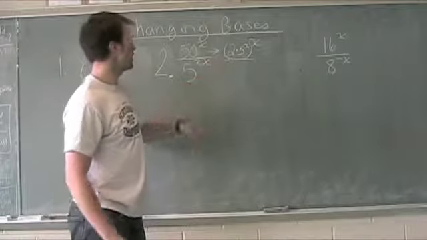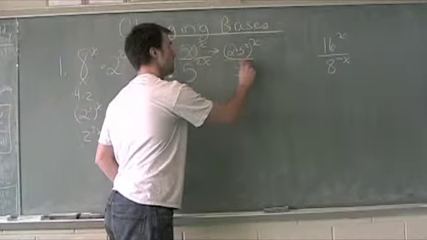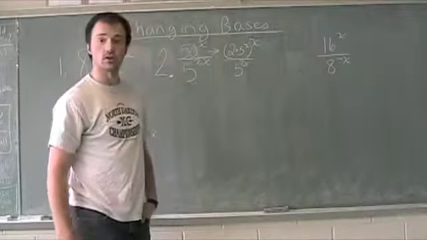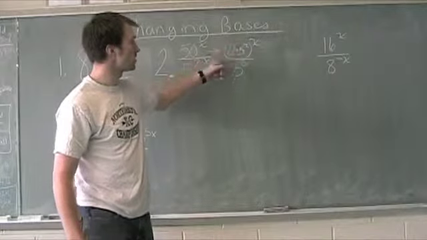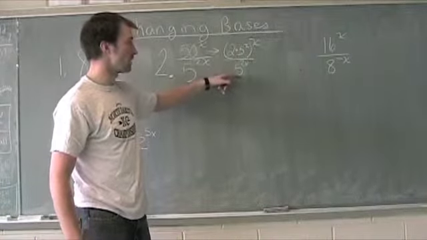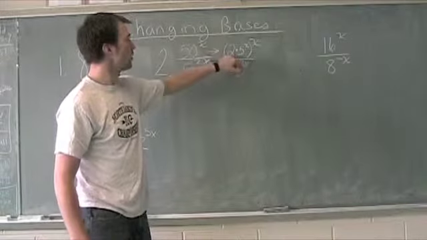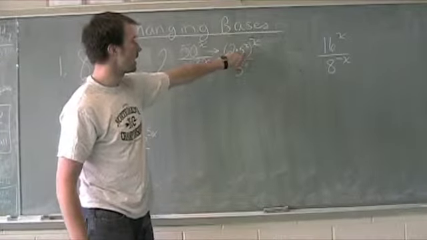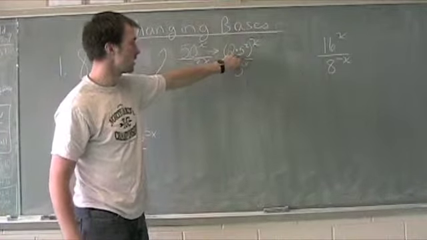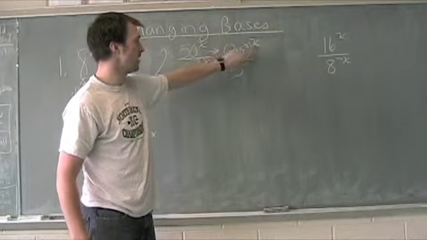But when we take and divide this by 5 to the 2x, things are starting to look more and more promising. Here we've got 5 squared, here we've got 5 to the 2x. Well, we've got one more piece here. We have a power of a product. Okay, so we have this x.